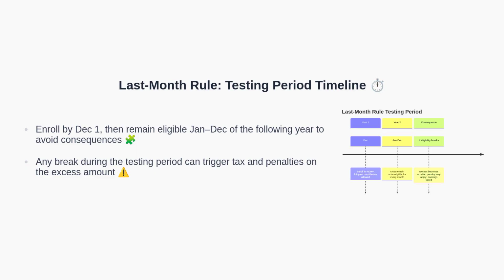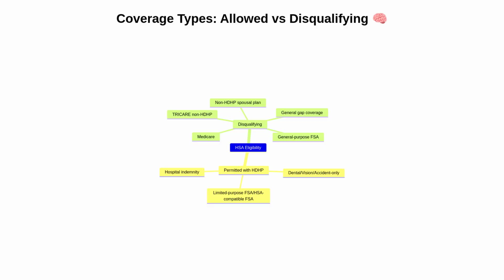Now let's broaden the picture with a mind map of allowed versus disqualifying coverage types. This mind map distinguishes permitted coverage that can coexist with an HDHP from disqualifying coverage that breaks HSA eligibility. Under permitted, examples include limited purpose FSAs, dental or vision-only plans, accident-only policies, and certain fixed indemnity policies.